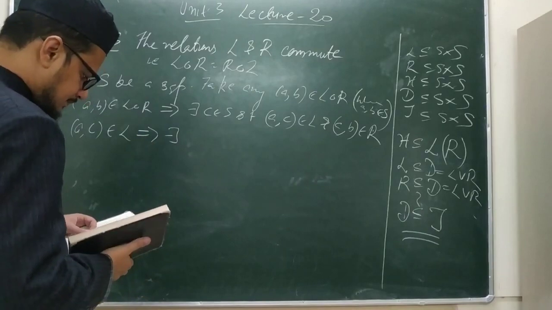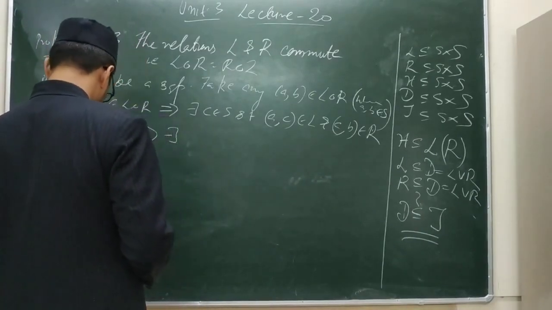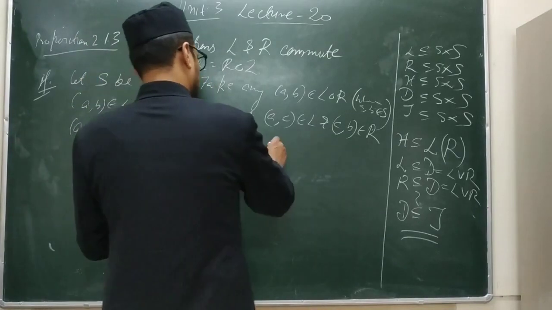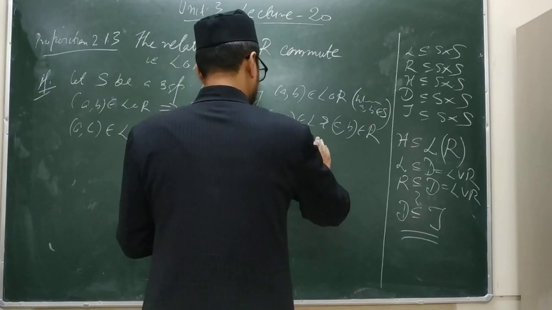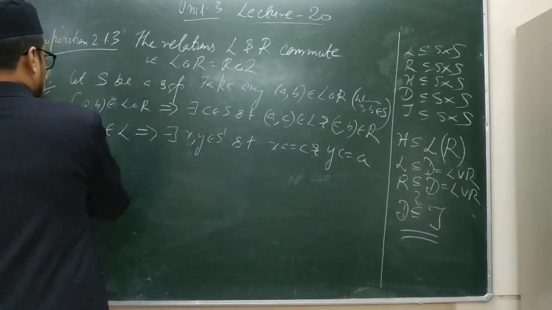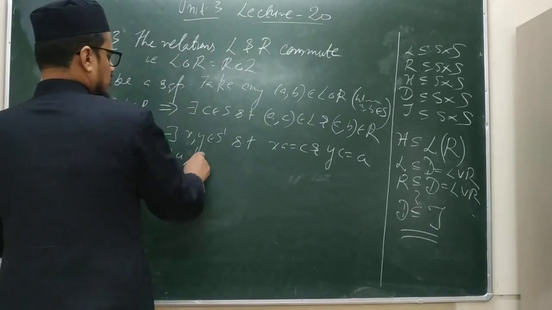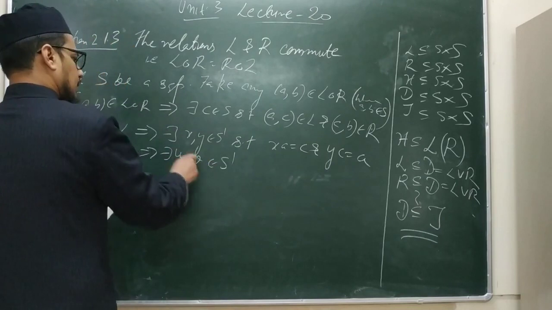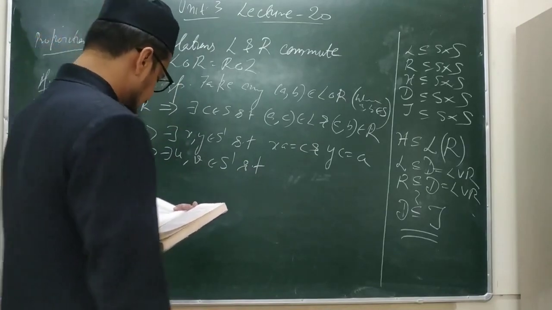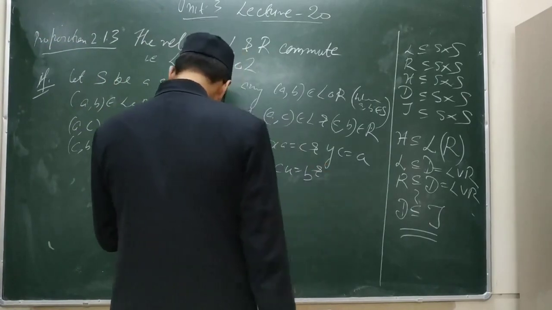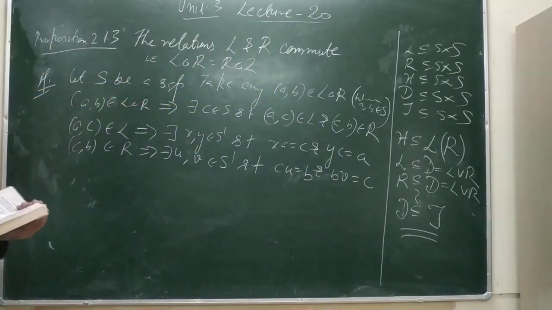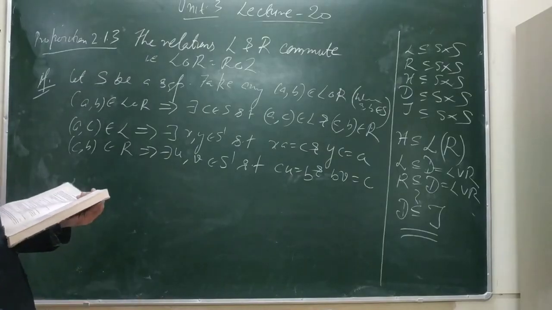There exist X, Y belonging to S1 such that XA is equal to C and YC is equal to A, and C, B belongs to R implies there exist U, V belongs to S1 such that CU is equal to B and BV is equal to C. So these things we have, correct?